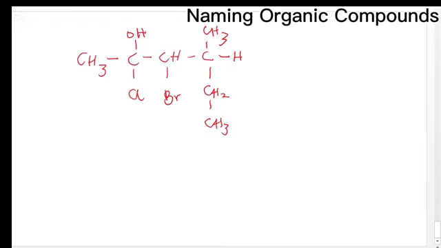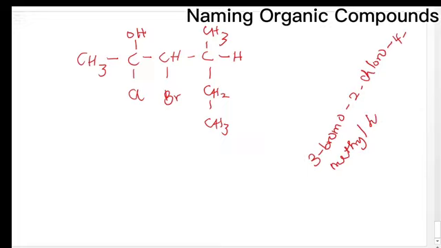So can you try to name this? How far so far? 3-bromo. 3-bromo, okay. 2-chloro. 2-chloro, okay. 4-methyl. 4-methyl hexan-2-ol.